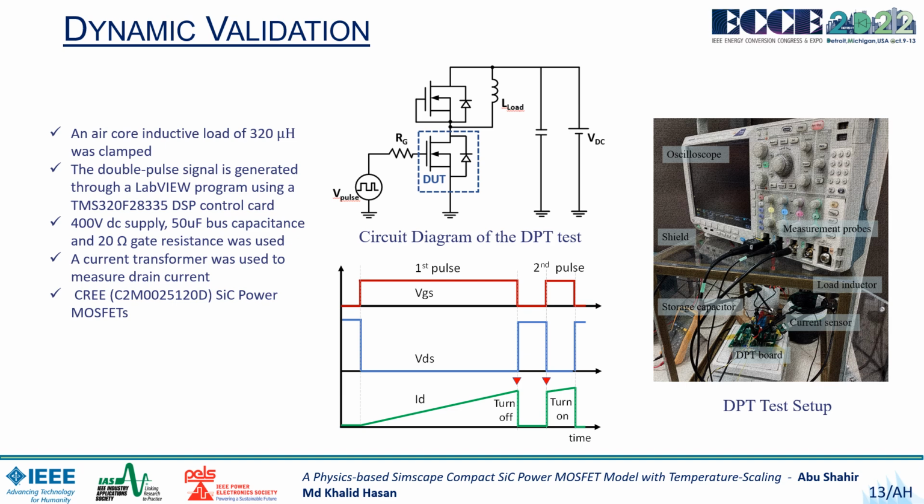The pulse generator is used to generate the required pulses with magnitude of -5 volt to 20 volt. The Cree MOSFET, which is used as the DUT, is connected to the V pulse through the resistor RG. Another Cree MOSFET is used in the off mode as the top device, which is connected in parallel to the load.